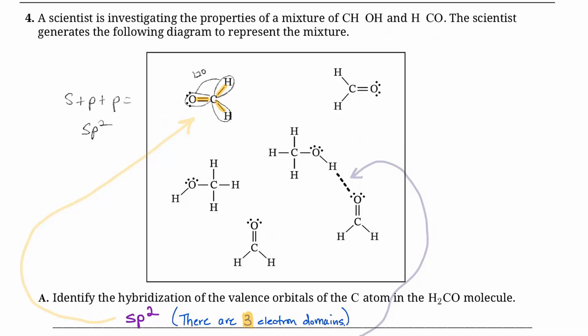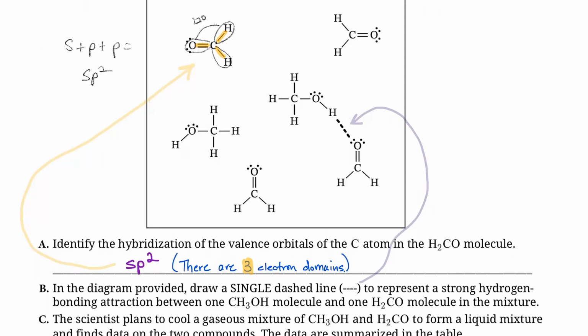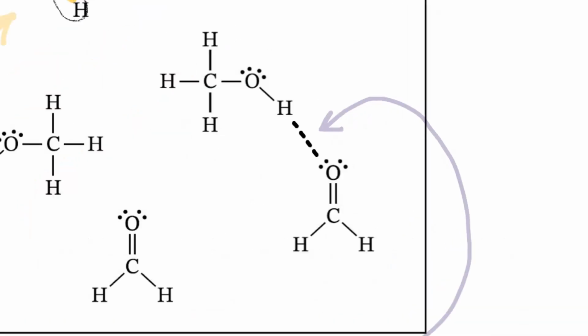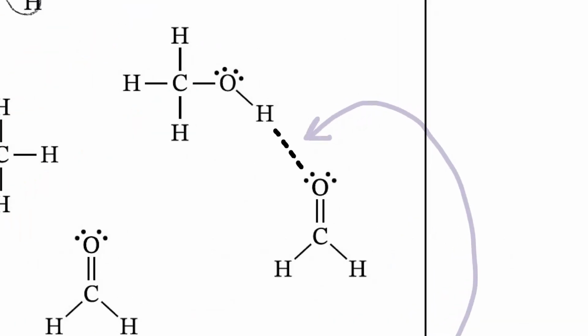On to B. In the diagram provided, draw a single dashed line to represent a strong hydrogen bonding attraction between the methanol, the alcohol here, and the formaldehyde molecule in the mixture. So I chose that this partial positive region was attracted to this partial negative region, and H bonding is when you have an electron deficient H that's bonded to a fluorine, oxygen, or nitrogen.